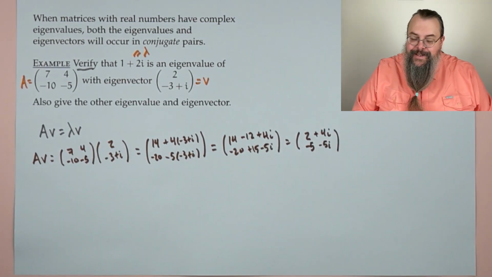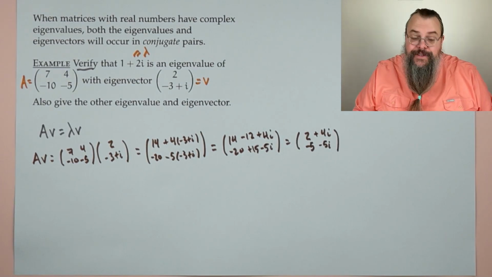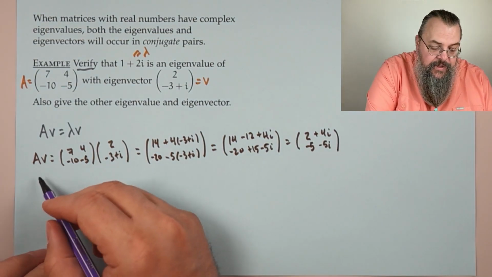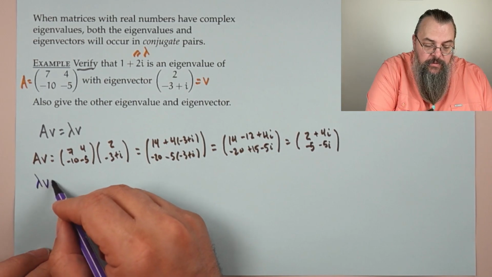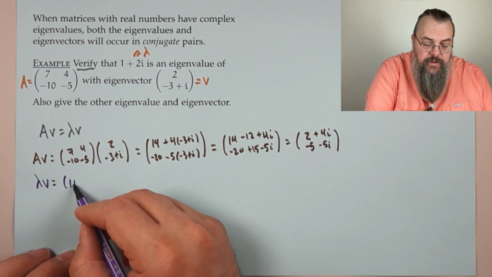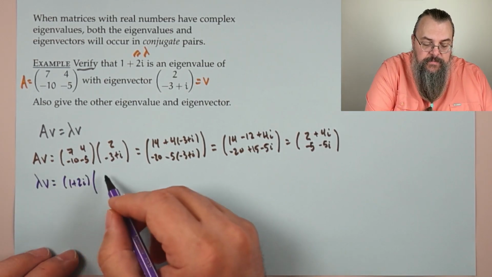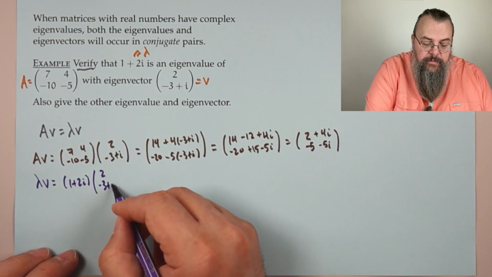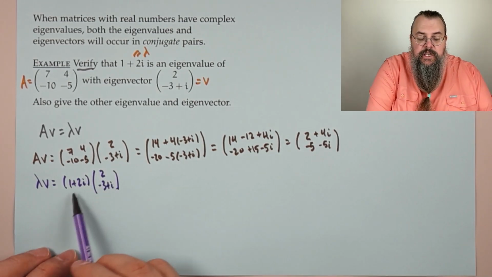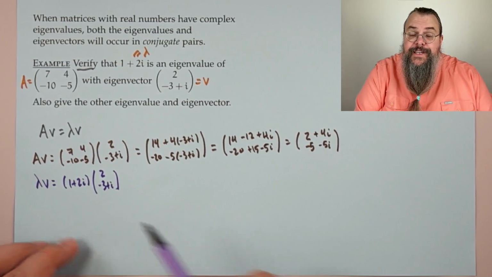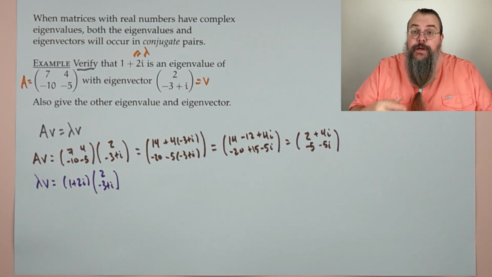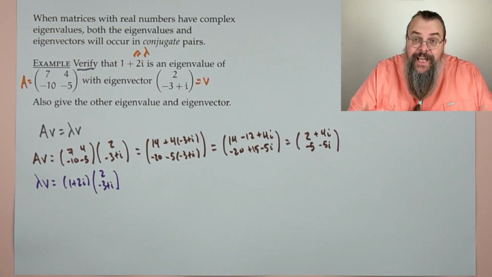All right, now we're going to do the right-hand side. Lambda times v. Well, we're going to take 1 plus 2i times (2, -3 + i). So here we have a number in front. It's like we're scaling.